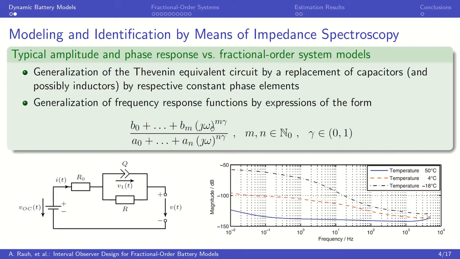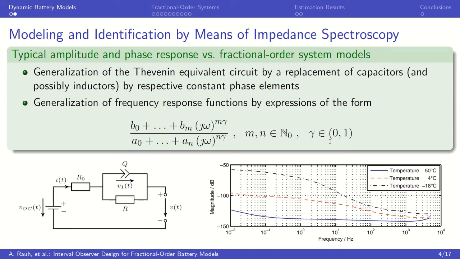There, we do not have integer powers of the corresponding terms j times omega, where omega is the angular frequency, but we account for fractional order powers here, where gamma is a real valued parameter between 0 and 1 of this corresponding open interval.